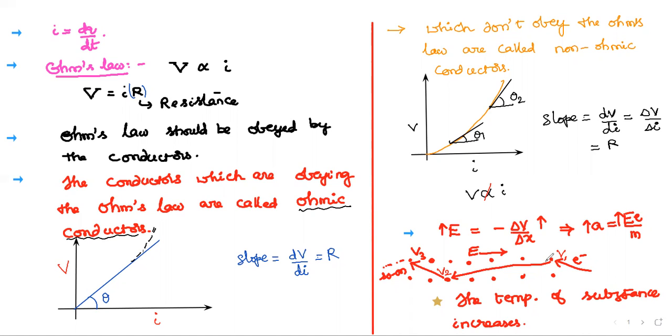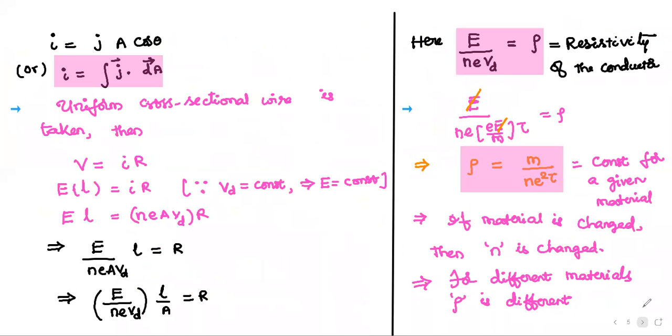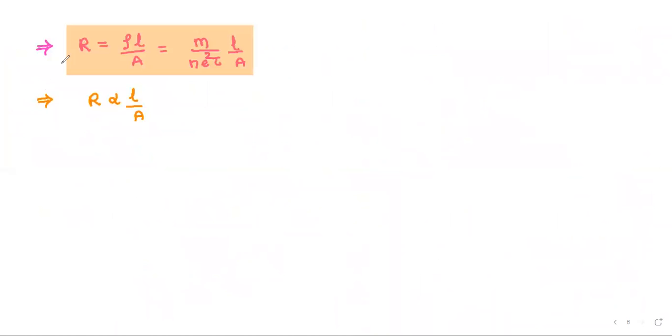Very good. Previously 10 collisions in 10 seconds, now if more collisions are there, then relaxation time will be decreased. So if the temperature increases, the main disadvantage is that relaxation time changes.